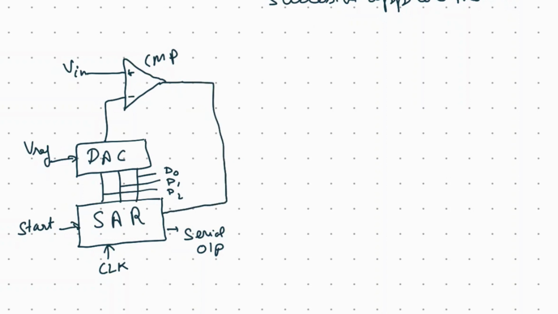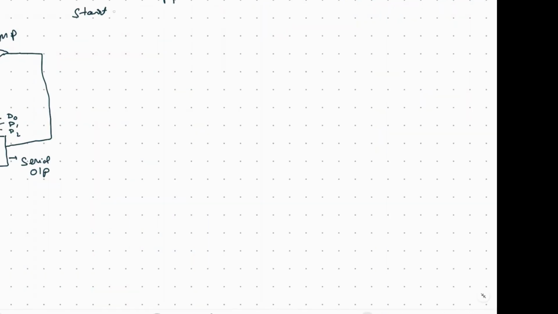When the comparator output is high, that is logic 1, then it will increase its output. So how does it start working? First it will set the most significant bit, D2 in this case, to 1, whereas the D1 and D0 bits are 0.